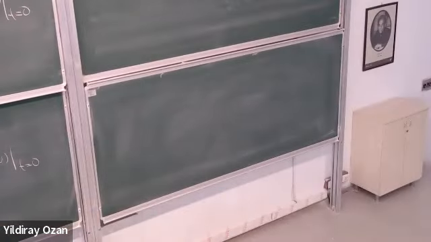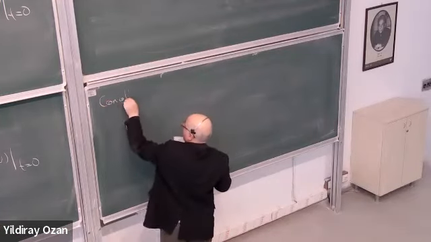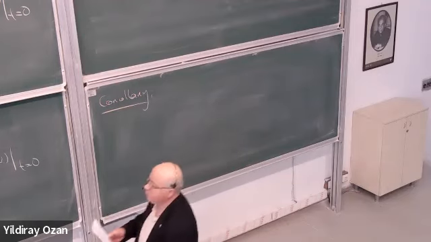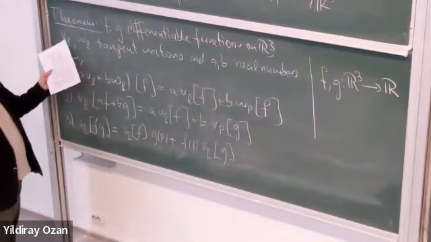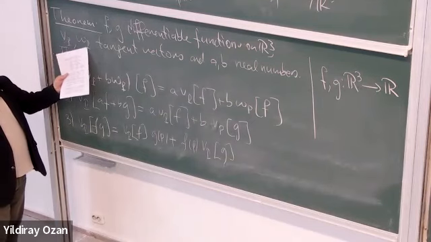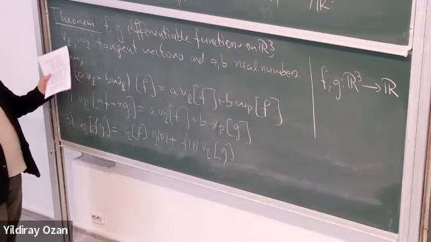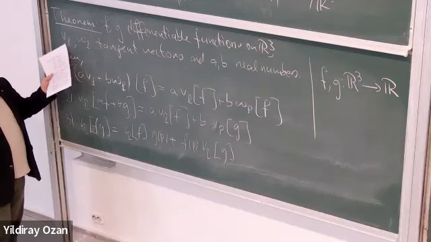Okay, so today, as a corollary of this, we have the following. Here in this theorem, we have just two tangent vectors at a fixed point P. But what we can do is take P as a parameter and consider a vector field.